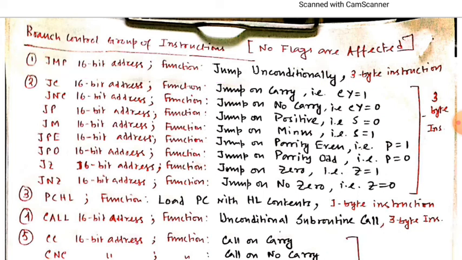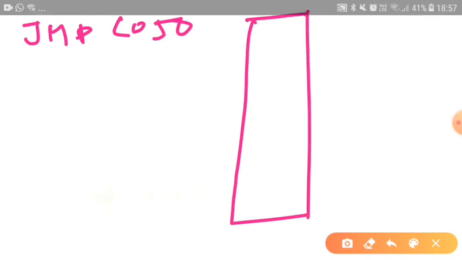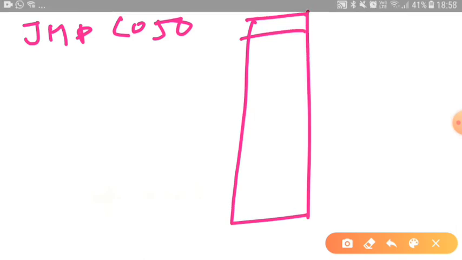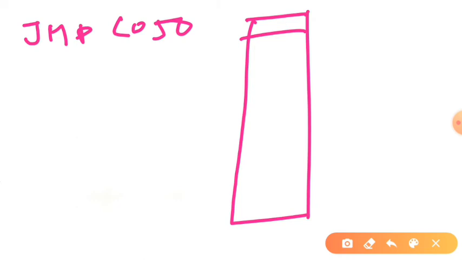Let us understand this with an example: the execution of the instruction JMP C050. This is the unconditional jump instruction. After execution of this particular instruction, the program sequence will be shifted to the memory location C050. First let us understand how it is written in memory. It should be written somewhere in the program memory. Let us assume that it is written from the memory location C000.